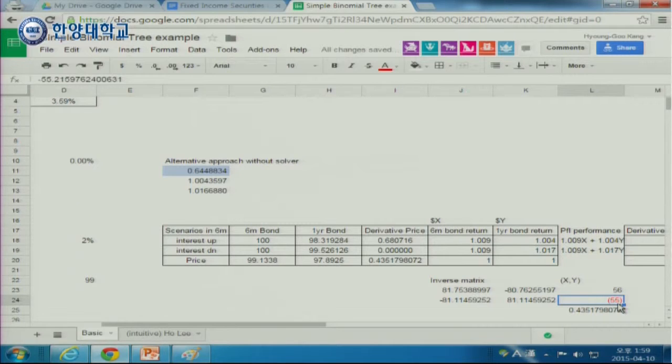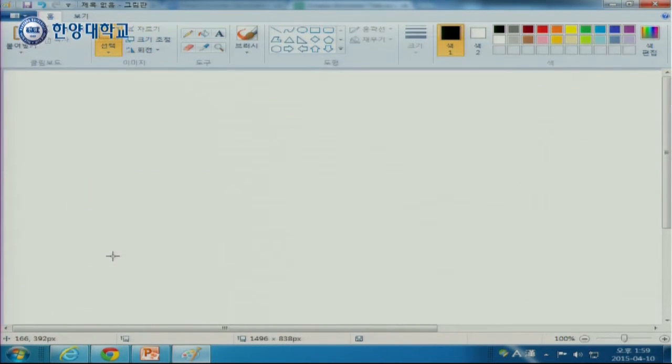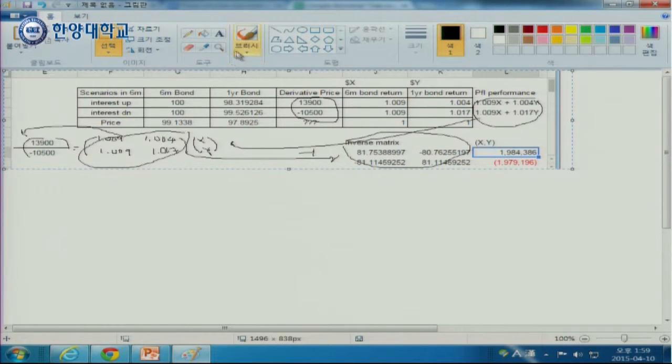Okay, and then let's write this down in terms of mathematics. Let's write down everything in equation.